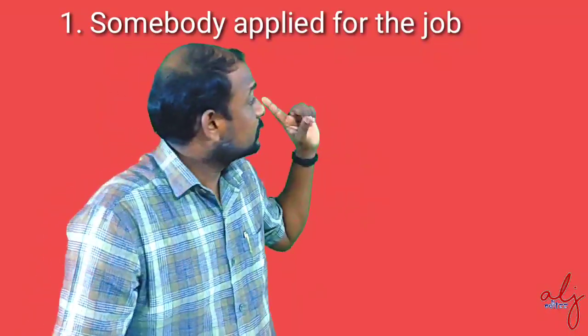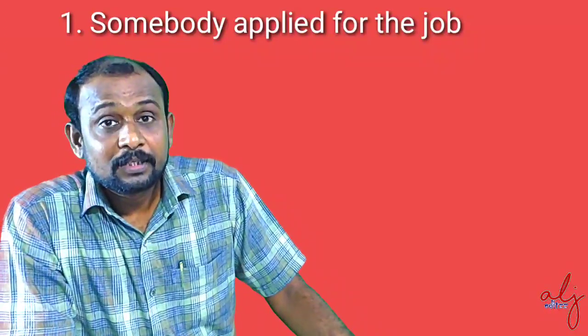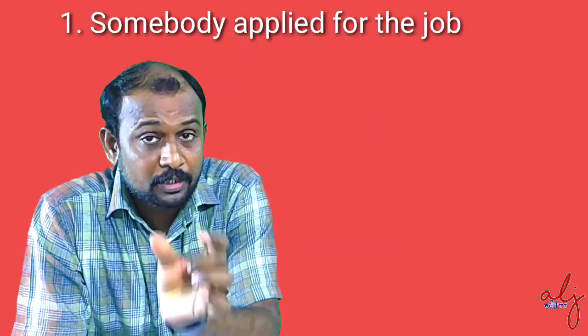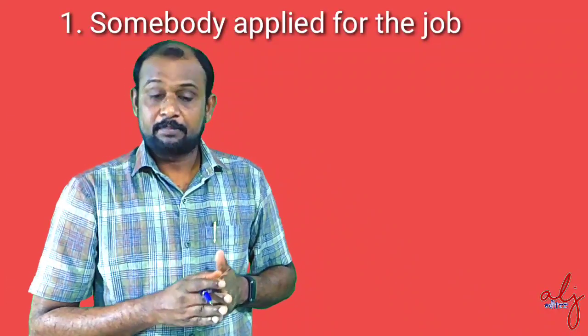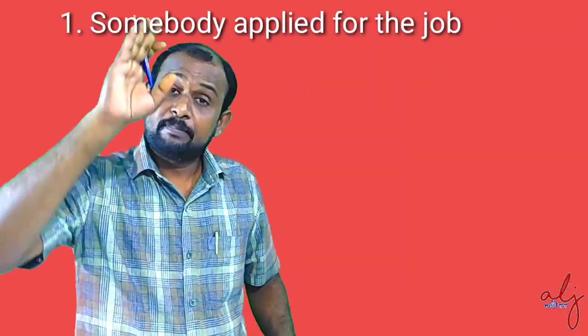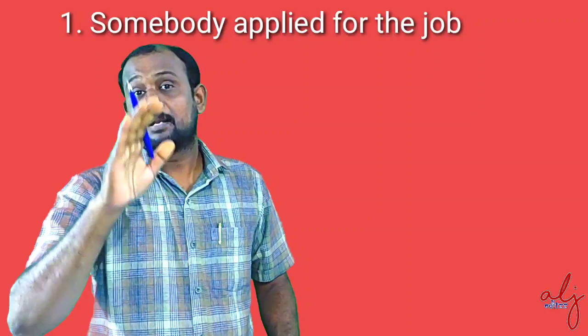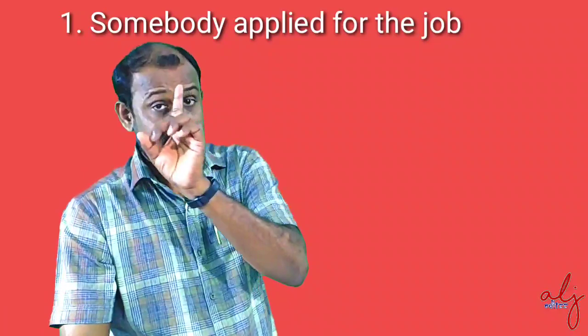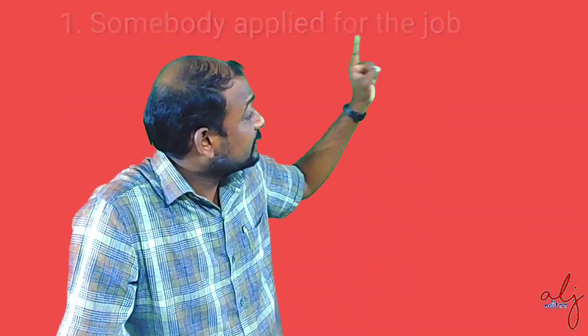And as the statement is positive, you have to write the negative word, didn't. And I told you the personal pronoun to be used here is they. Don't see the subject. The subject is somebody. But when the subject is somebody, nobody, everybody, the personal pronoun to be used in the tag must be they. Alright, so the answer is didn't they.